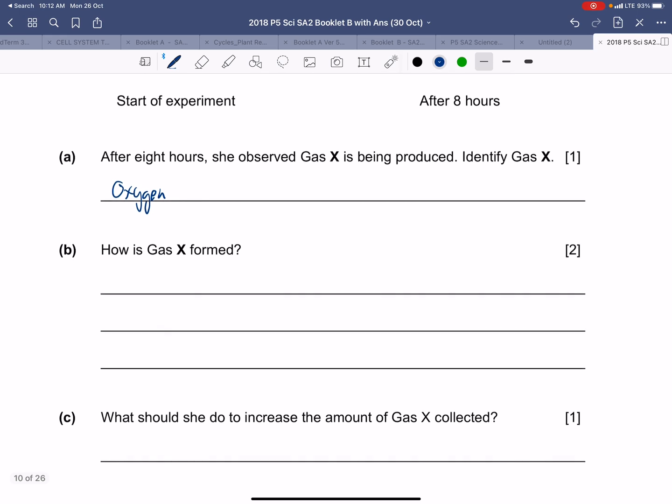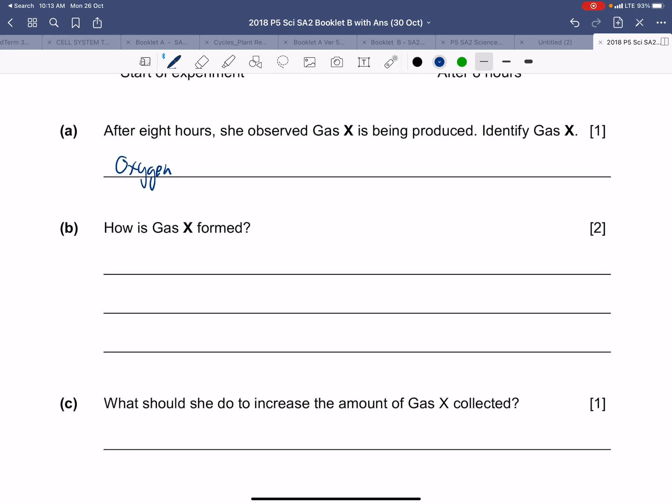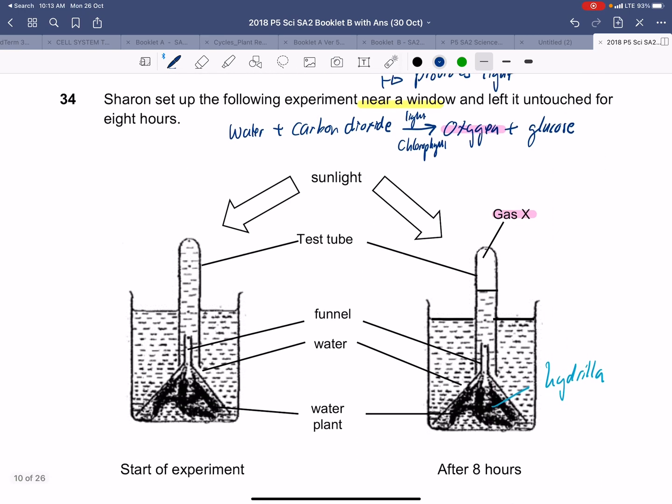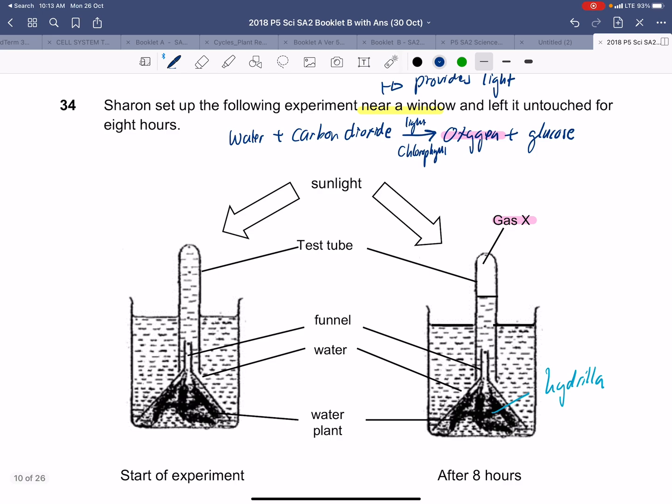How is gas X formed? Now, for this question, many of you left out certain points. Either you left out the light or you left out one of the components. So please, wherever you do this kind of question, write down your word equation first and then see what's happening. From your word equation, you know that carbon dioxide, light, water, as well as chlorophyll are all needed.